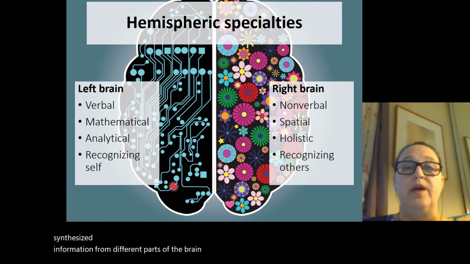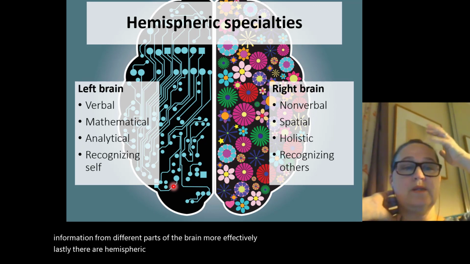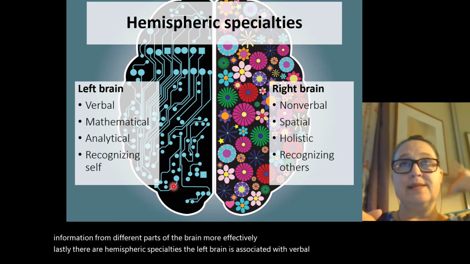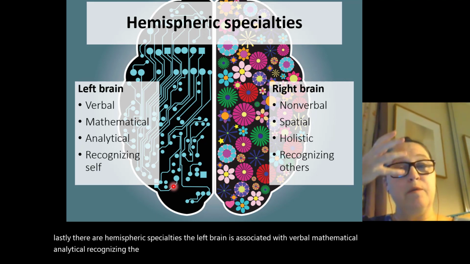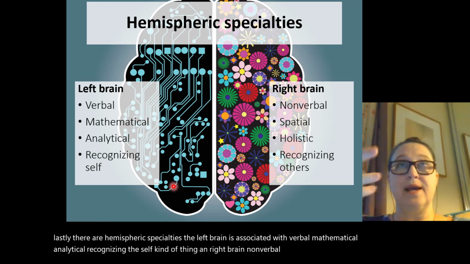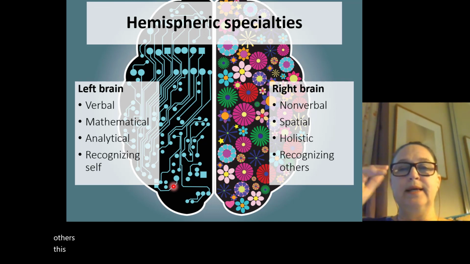Lastly, there are hemispheric specialties. The left brain is associated with verbal, mathematical, analytical, recognizing the self kind of thing. And right brain, nonverbal, spatial, holistic, recognizing others. This research is a little bit limited.